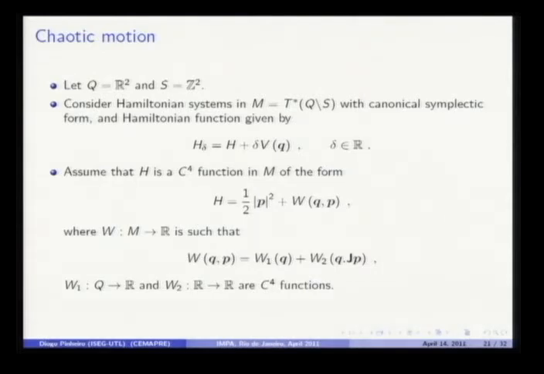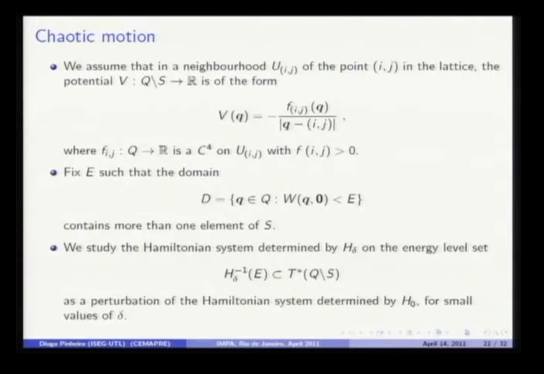We assume that all of these functions are C4. V is the interaction potential. In the neighborhood of a point of the lattice, it behaves like a Coulombic potential. And we assume that this is negative on a neighborhood of each point of the lattice. That is, the interaction is attractive.